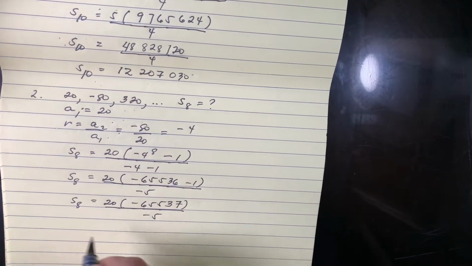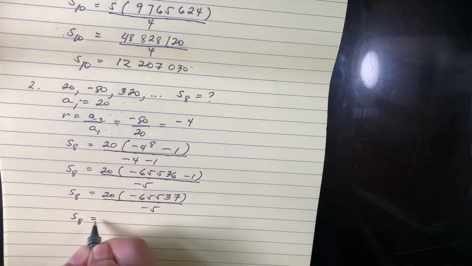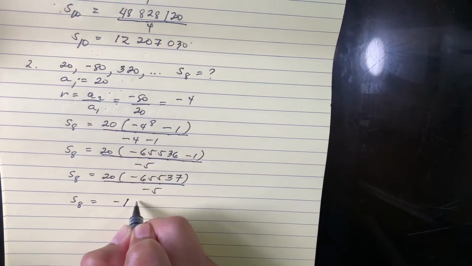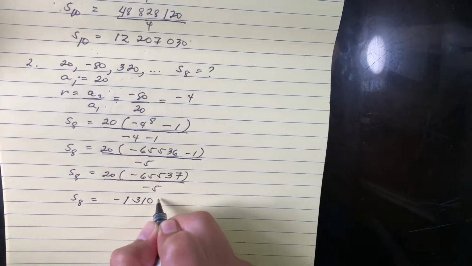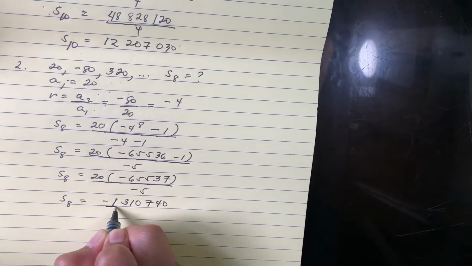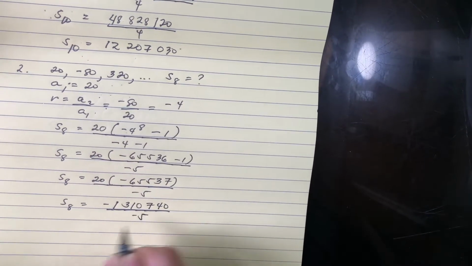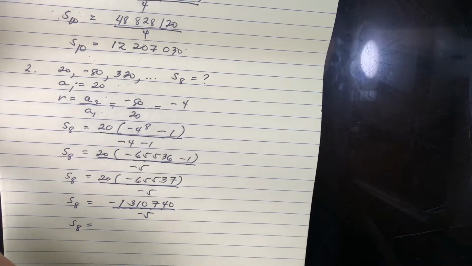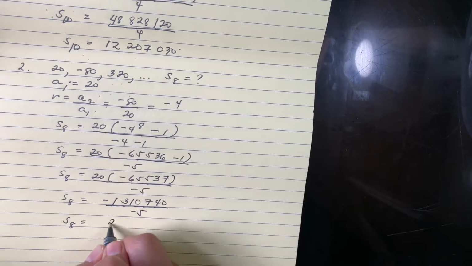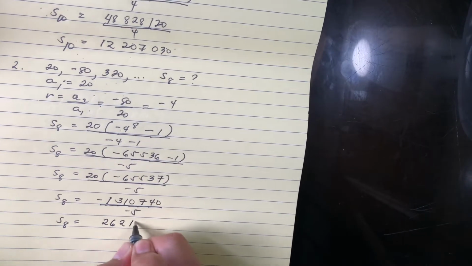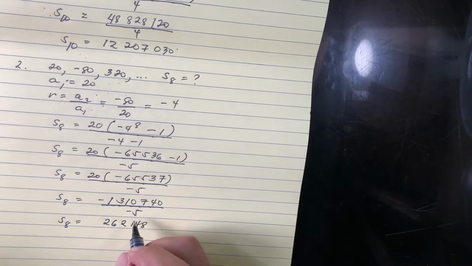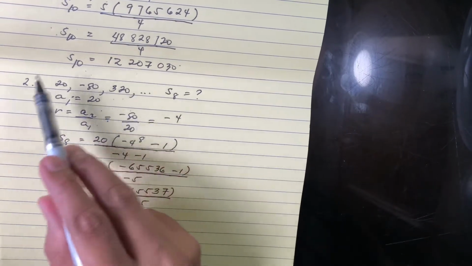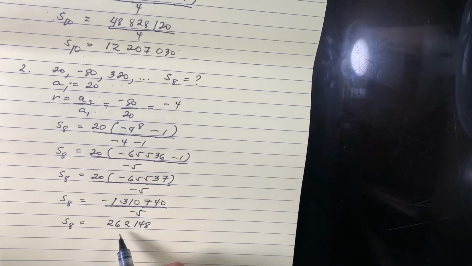So the answer now, S sub 8 is equal to 1,310,700 divided by negative 5. Now we will divide by negative 5. So the answer now is equal to 262,140.